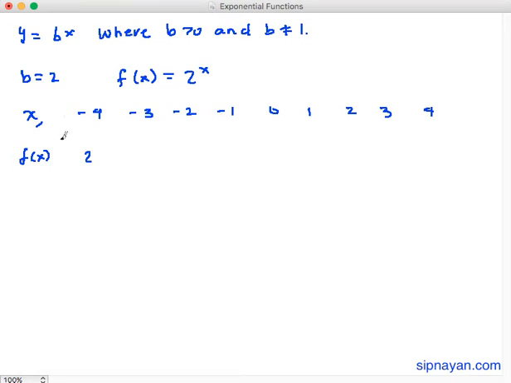So, kung ano man yung value ng x dito, yun yung exponent natin. Halimbawa dito, 2 raised to the negative 4 kasi yung x natin ay negative 4. And then ito naman ay 2 raised to the negative 3, 2 raised to the negative 2, 2 raised to the negative 1, 2 raised to the 0, and so on.